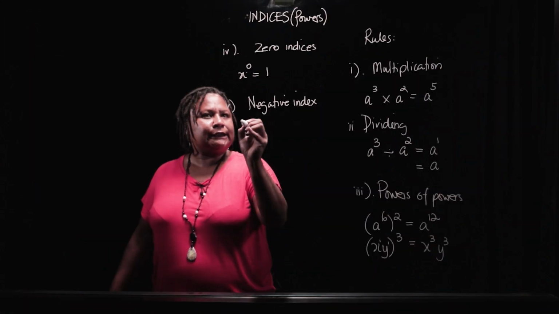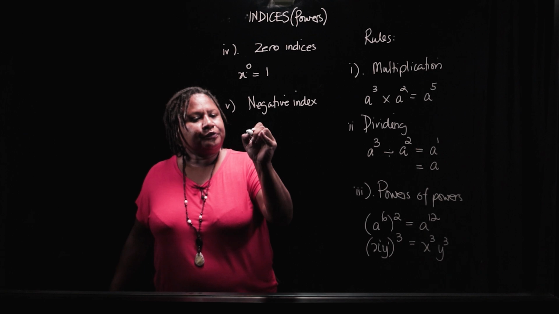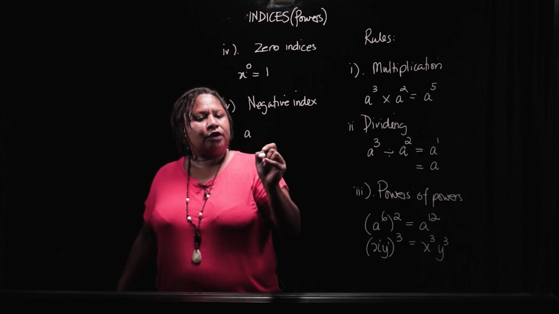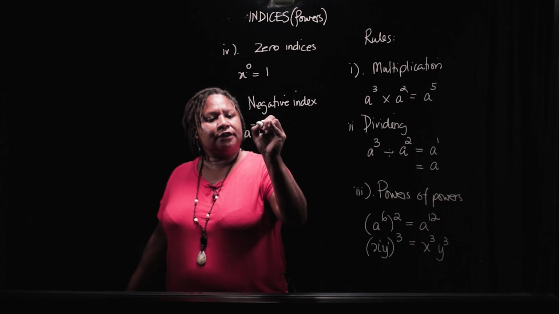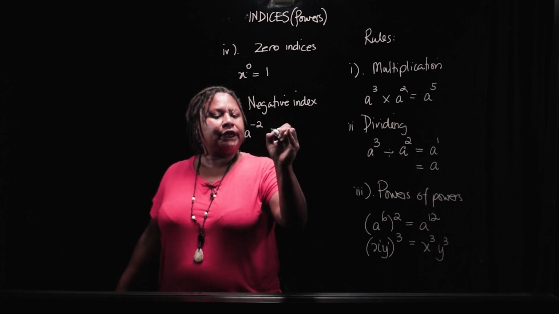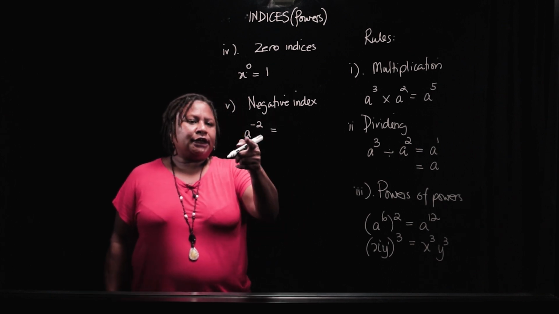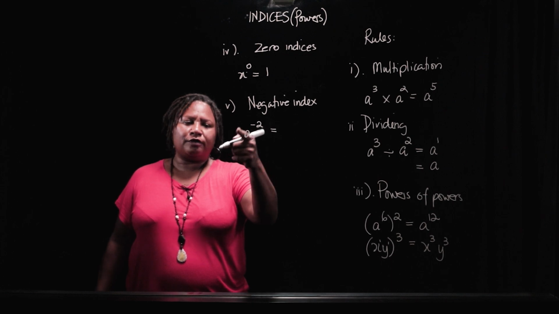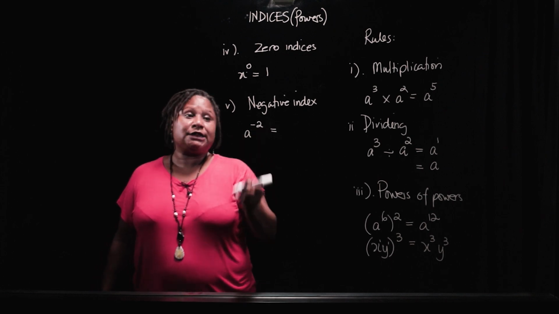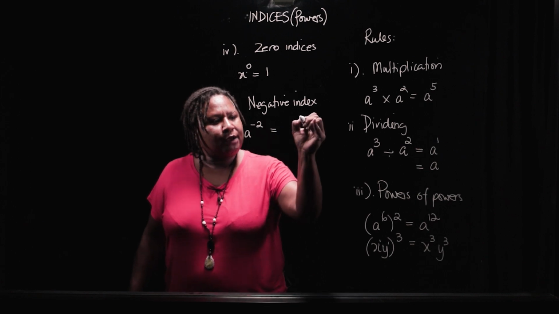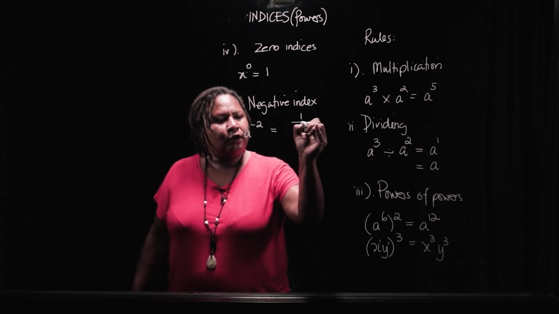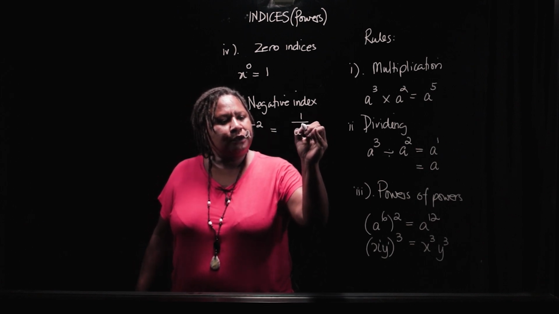Say, for instance, a is raised to the power of negative 2. Any number raised to the power of a negative number becomes positive when you take its reciprocal. So this becomes 1 over a to the power of 2.